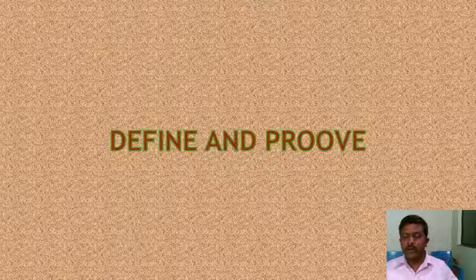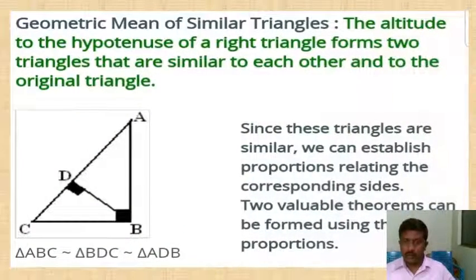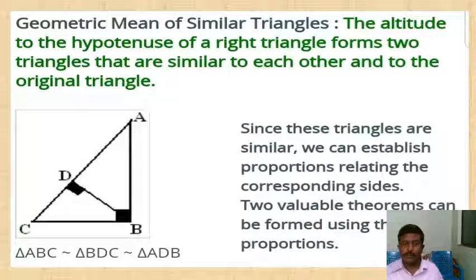So in this PowerPoint presentation, we can define and prove the geometric mean. Look here, geometric mean of a similar triangle. The altitude to the hypotenuse, this BD, of a right angle triangle forms two triangles that are similar to each other and to the original triangle also.